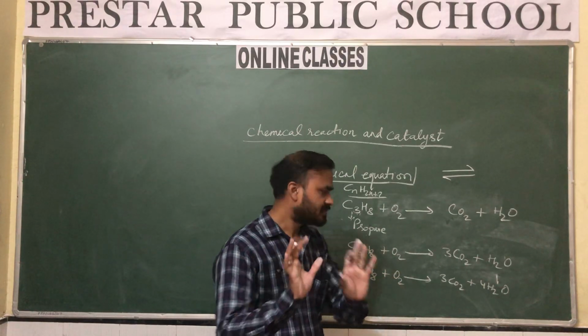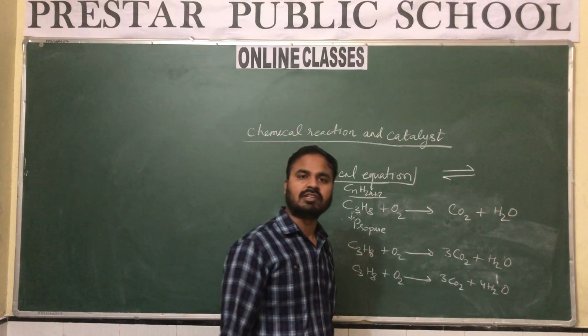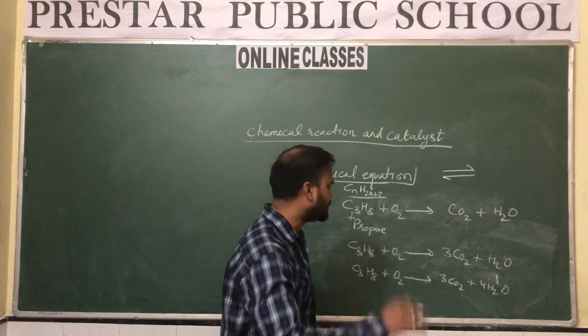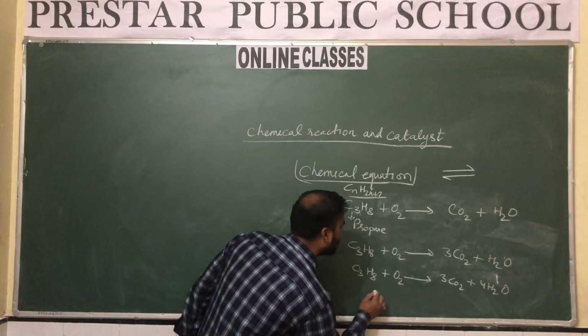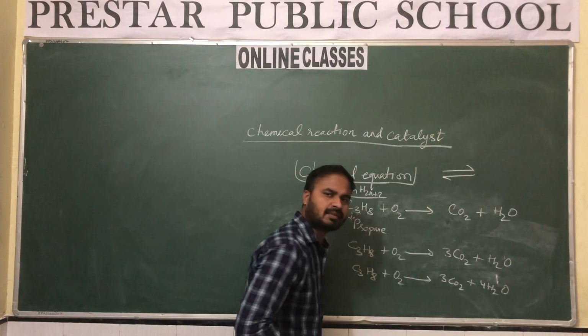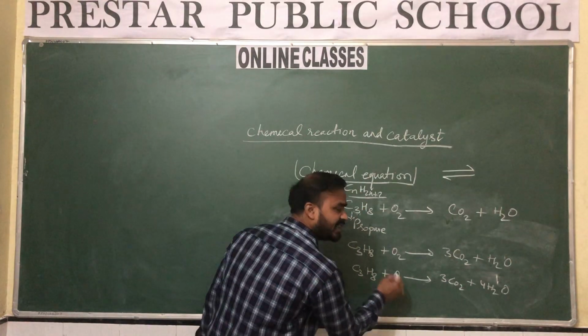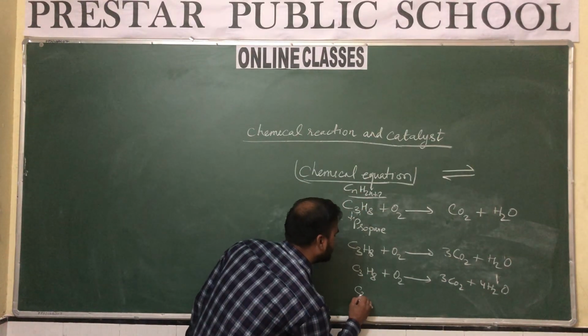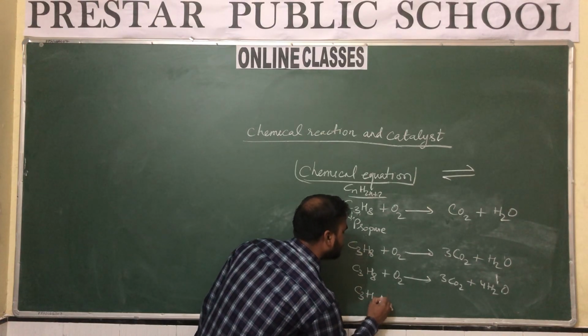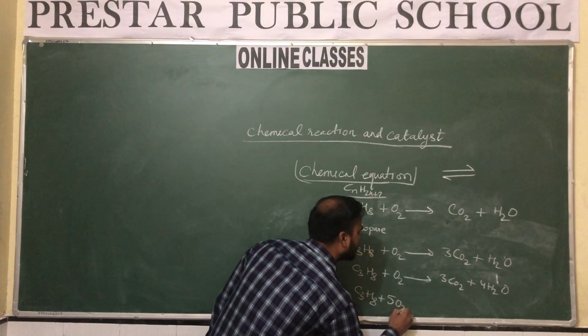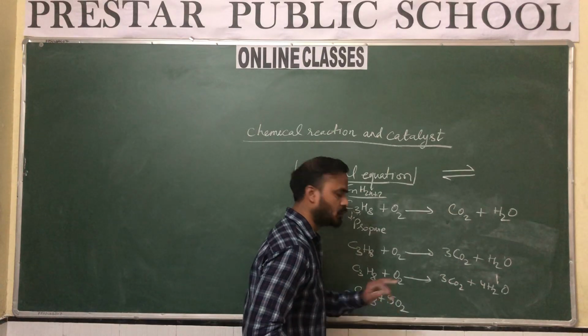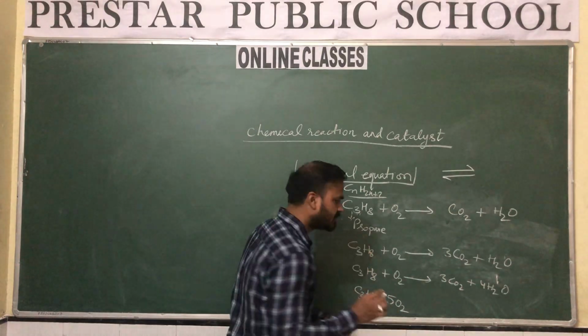Are you getting it, beta? One by one we have to go, so that you know all the things. So here 10 atoms of oxygen are there, here only 2. So just write down here 5. 5 into 2 becomes 10 now.